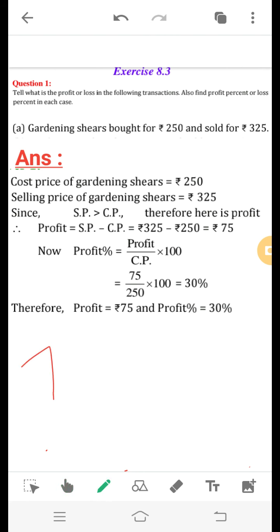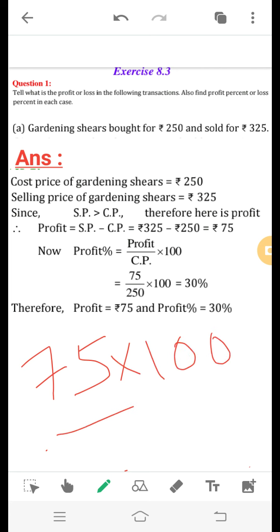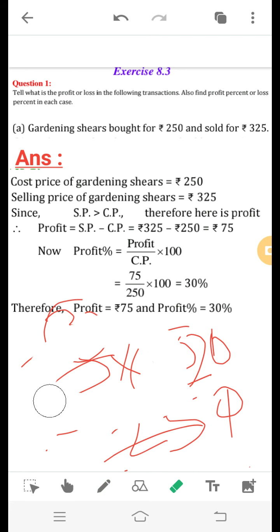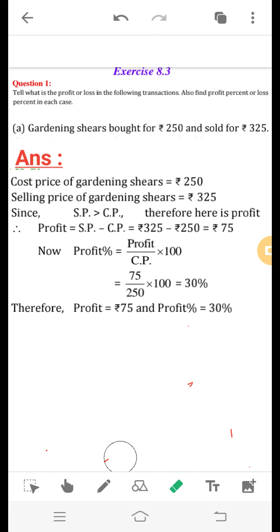So here we can write 75 multiplied by 100 divided by 250. Zero zero cut, 25 3s are 75. Now the remaining is 10 multiplied by 3. So our answer is 10 3s are 30, 30% profit.